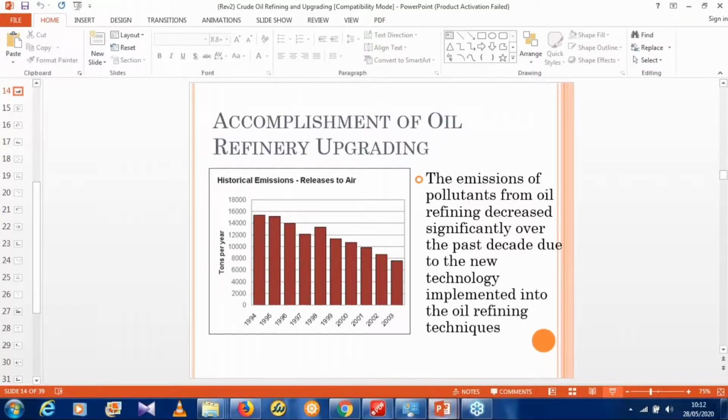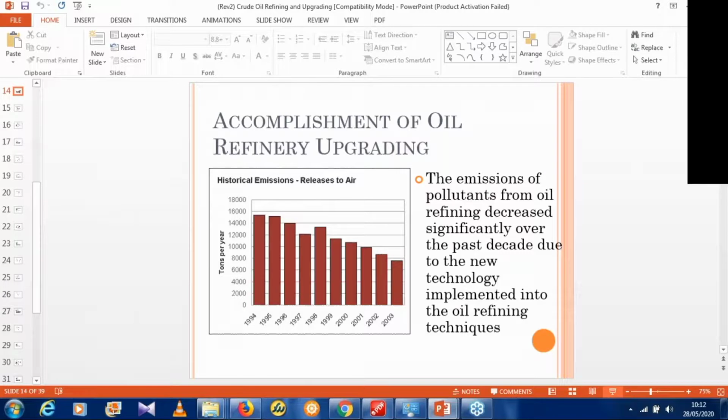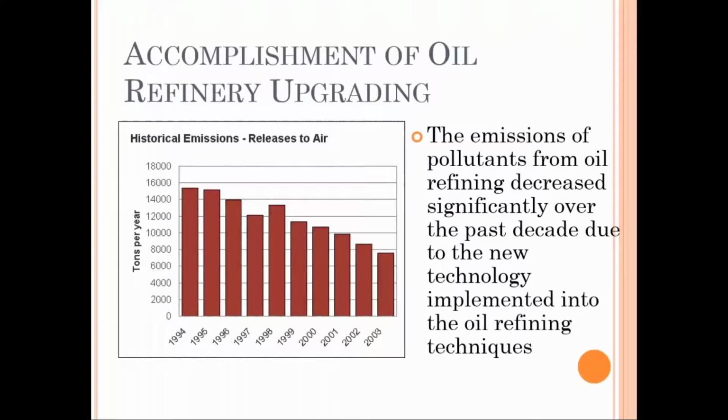Okay. So now the emission of pollutants. I've explained earlier that one of the reasons for upgrading refinery is that we want to achieve a cleaner atmosphere, a cleaner environment around the refinery area and even beyond.